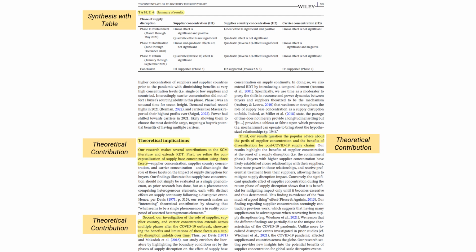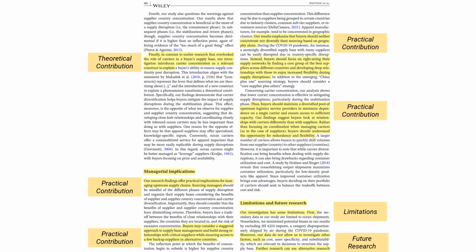This is exemplified by the first sentence of this section, which reads as follows. "Our research makes several contributions to the supply chain management literature and extends resource-based theory. First, we refine," and so on and so forth. It's important for you to notice that in discussing the theoretical contributions, they always refer to and cite the current literature.